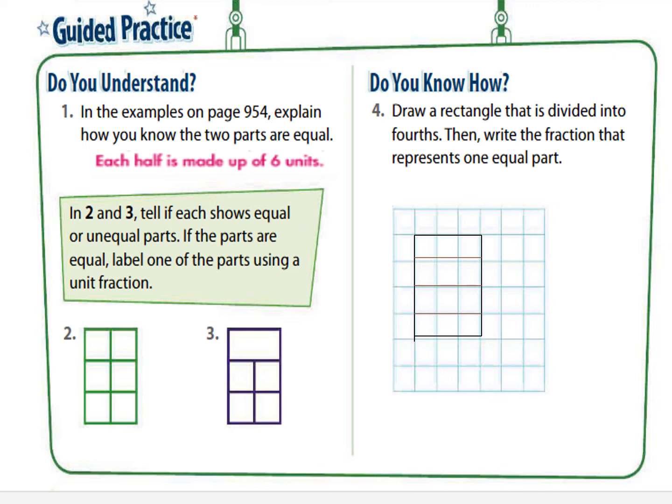Yes, they are equal parts. Can you say the unit fraction or the fraction that represents one part? Amazing. 1/6, because we have 6 parts in all. Now look at question number 3. Ask yourself, do you have equal parts?